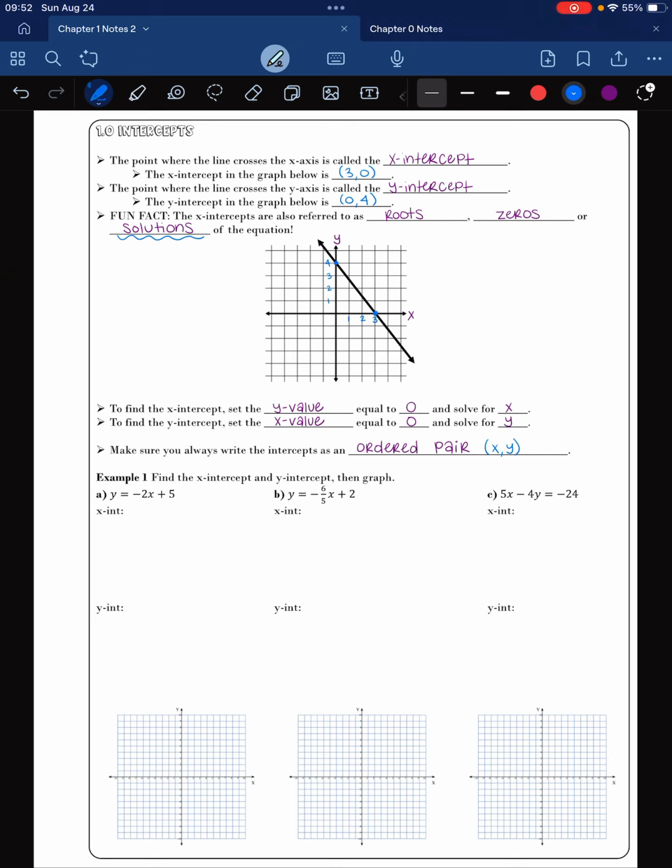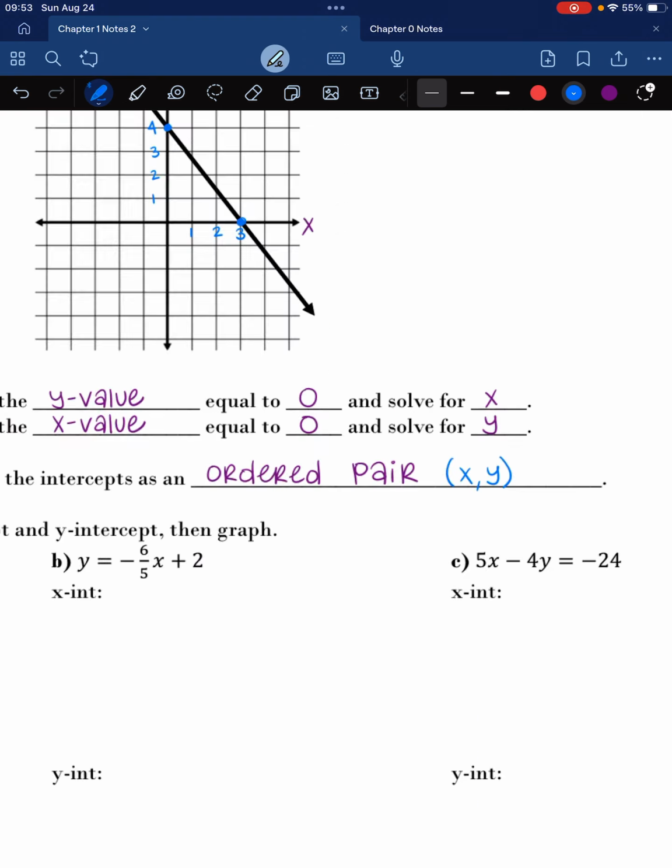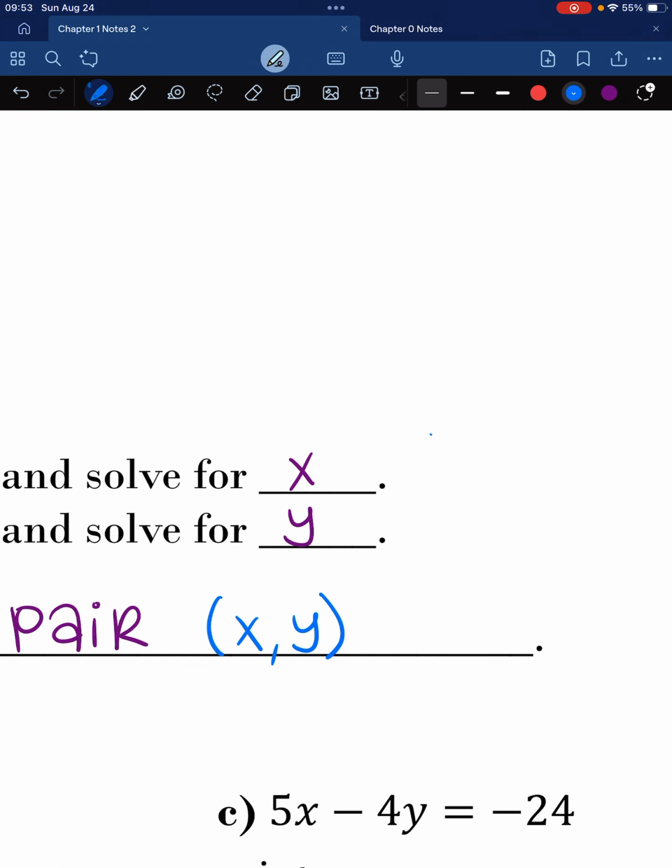Okay, so in the problems below, we have to find the x and y intercepts, and then we're going to graph those lines. In order to find the x-intercept, we're going to set the y value equal to 0, because remember, every single x-intercept is going to be (x, 0).